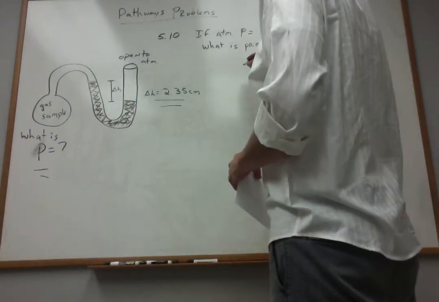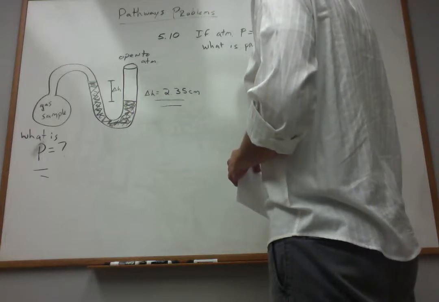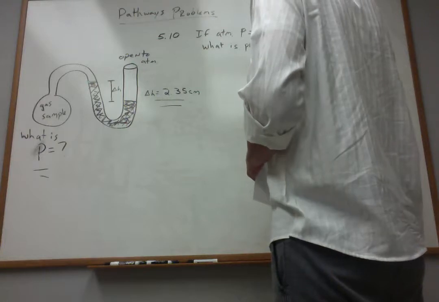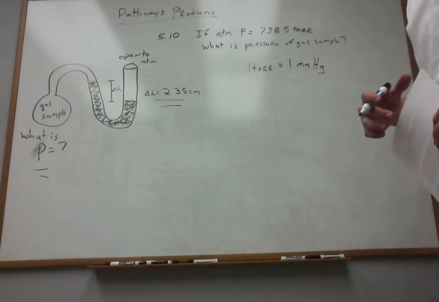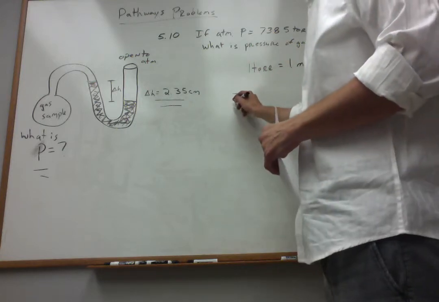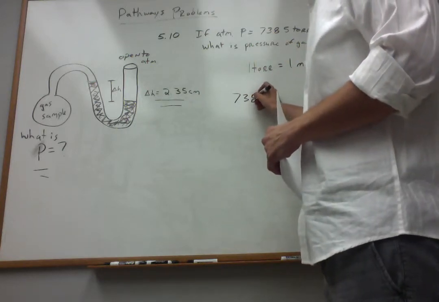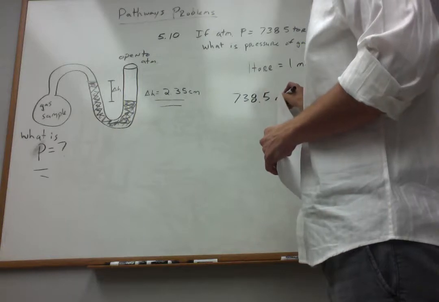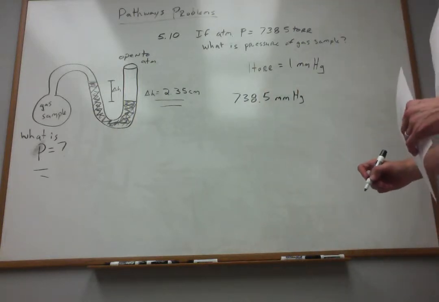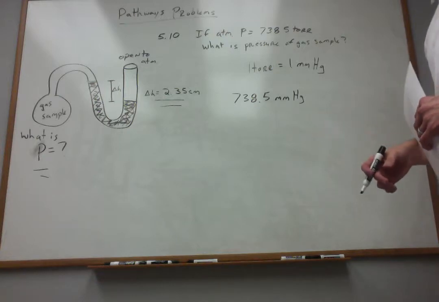Now, remember that 1 torr is physically equivalent to 1 millimeter of mercury. That's kind of important for this problem, because I know that 738.5 torr is equal to 738.5 millimeters of mercury. The two are indistinguishable.